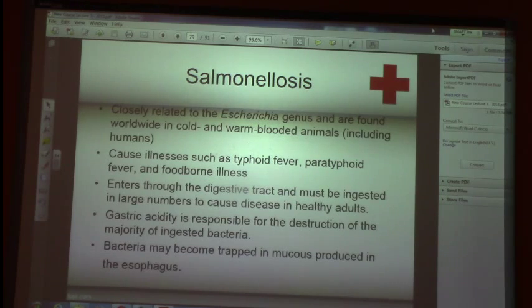In addition, a lot of these bacteria may become trapped in the mucus that's produced in the esophagus. So we have a lot of protective mechanisms within the body that protect us from these potentially pathogenic organisms. The problem comes, however, when one is immunocompromised or immunosuppressed, or if they are ingesting large numbers of these organisms that our immune system cannot combat efficiently.